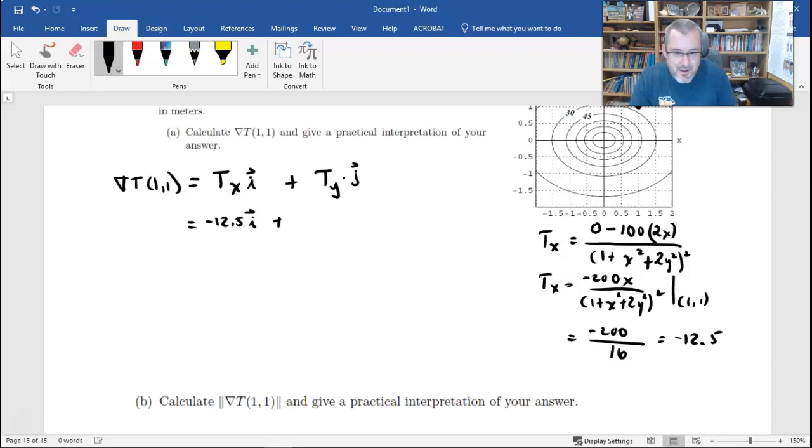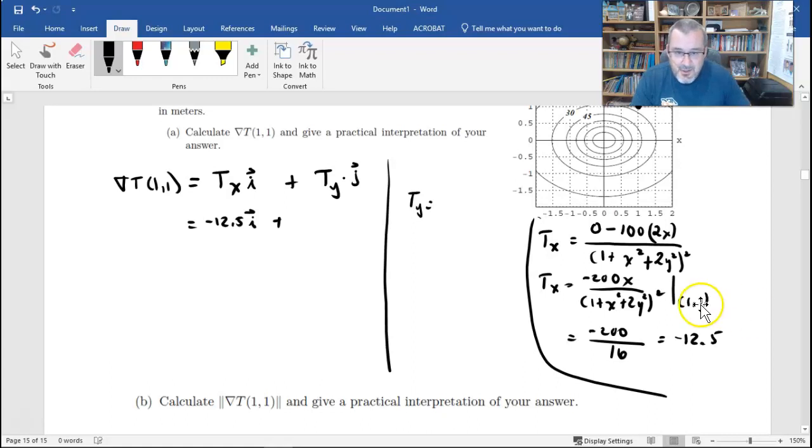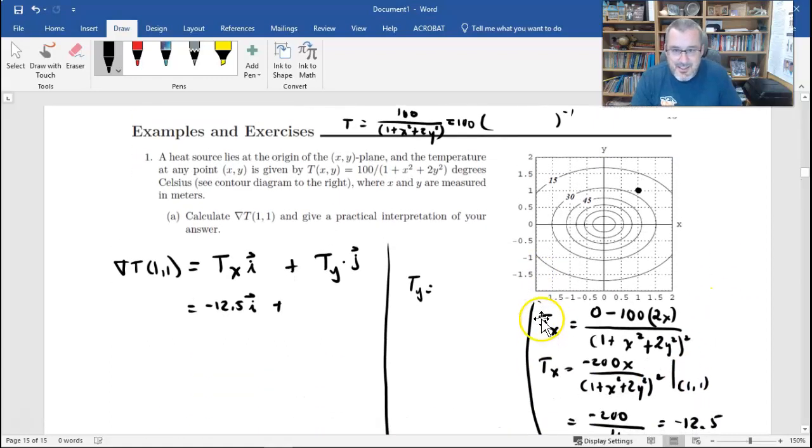Now we kind of have to repeat this process for the partial derivative with respect to y. Now it's very similar because low d high is still going to be 0 minus high d low.